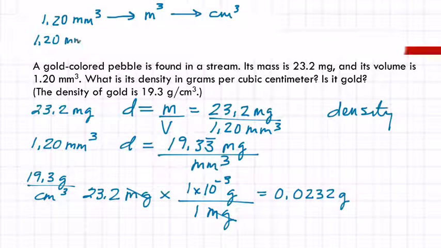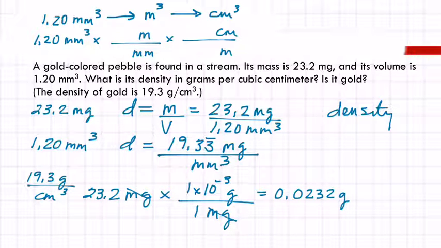1.20 cubic millimeters. I'm going to do this in 2 steps. At first, I'm going to ignore the cube, and I want millimeters down here, and I want meters down there. I'm going to get the numbers in, and then I'm going to bring the cube back. Milli means 10 to the minus 3. So 1 times 10 to the minus 3 meters is the same as 1 millimeter. Centi means what? 10 to the minus 2.